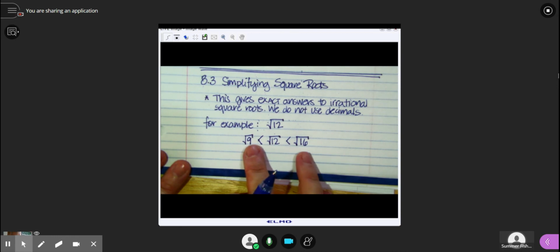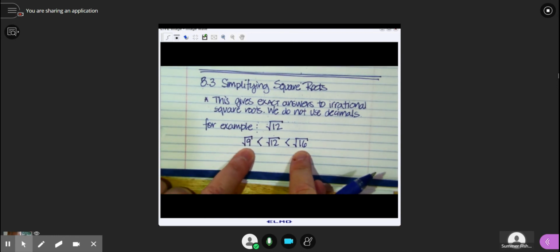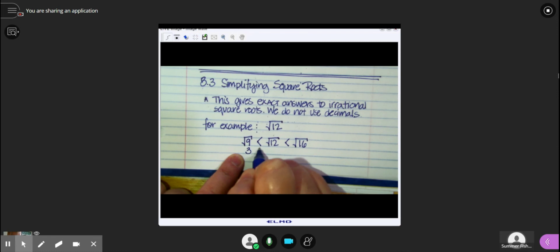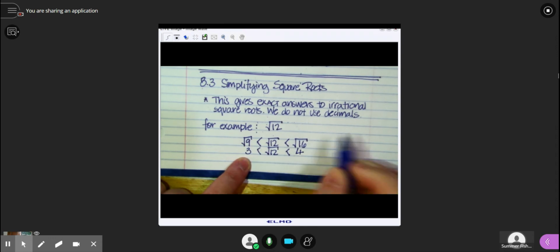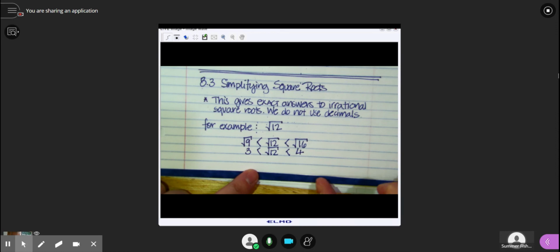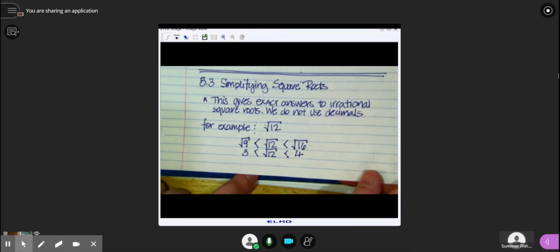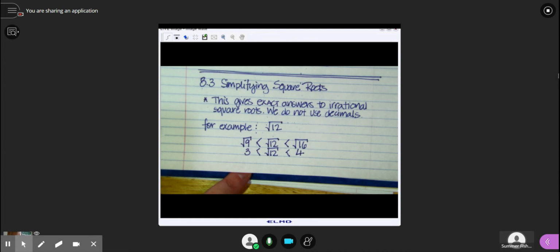Why would I choose a 16 and a 9? Good. So we can say that we know the square root of 12 has to be bigger than 3 and smaller than 4. So I can tell what the square root of 12 is between. And I could type it into my calculator to get a decimal.